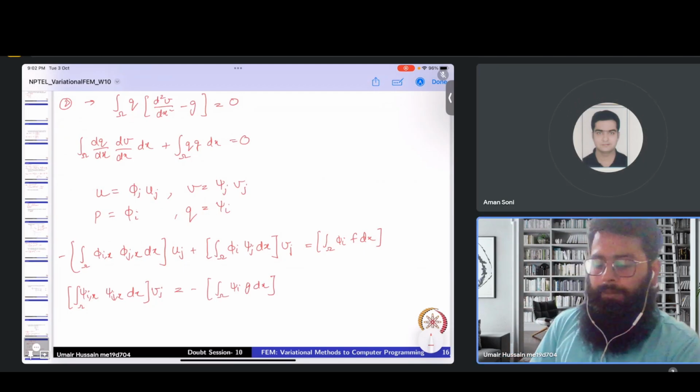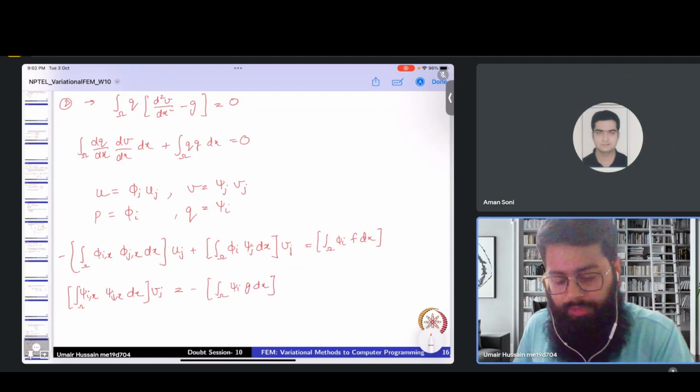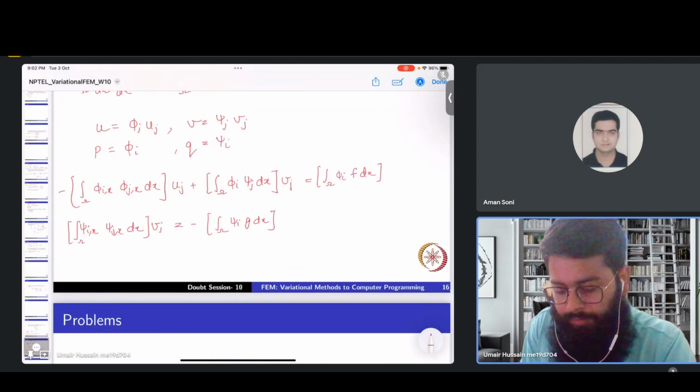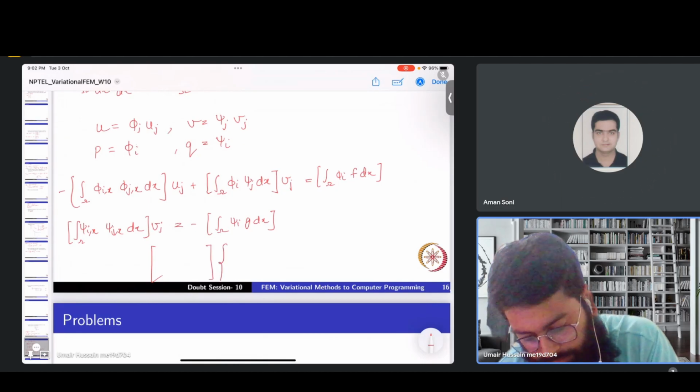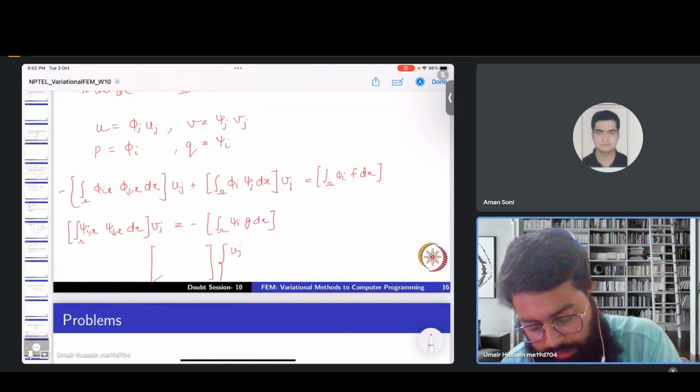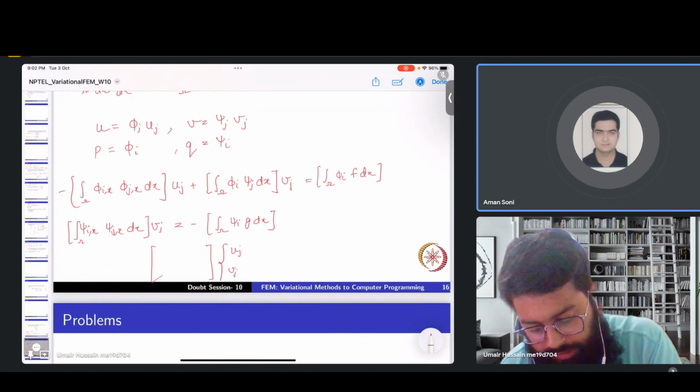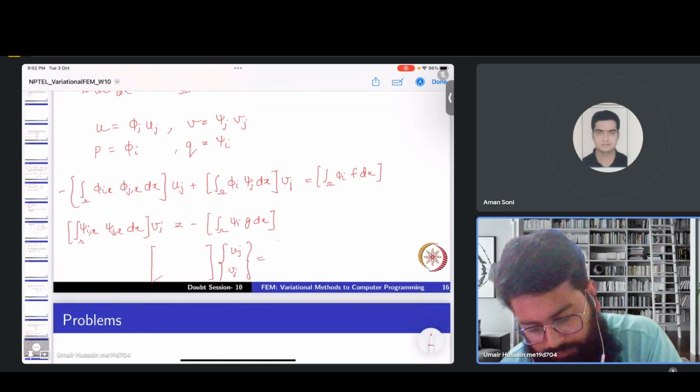So we'll combine this in terms of matrix, one big matrix. Here the first part of this vector is u j, another one is v j, and here the first part would be from the f, the other would be from g.